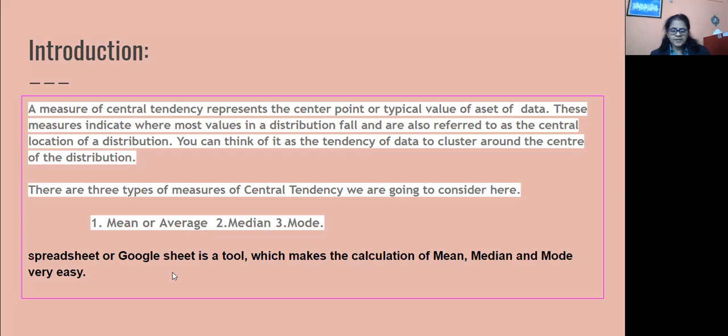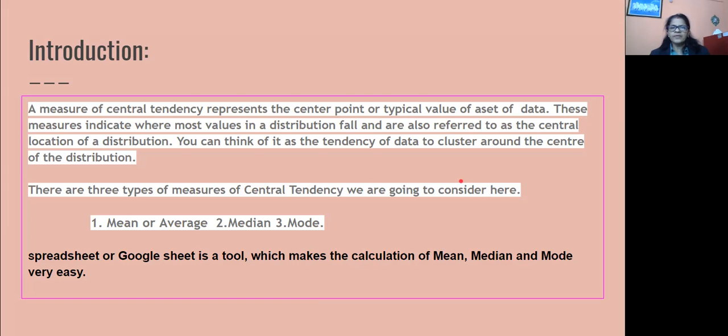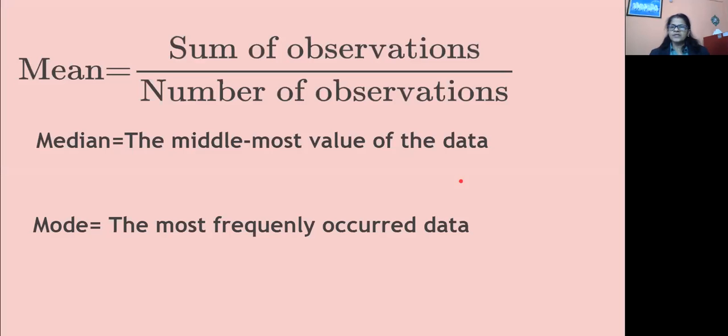So now see, while considering mean, median, mode, we want to calculate this in a very simple way. As you know, mean is the sum of the observations divided by the number of observations. Median is the middlemost value of the data, and mode is the most frequently occurring data.